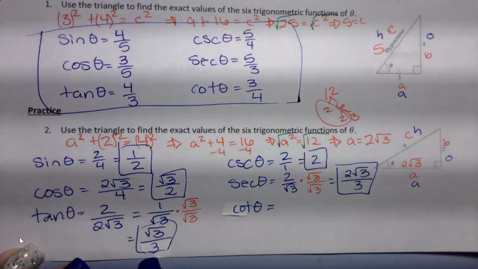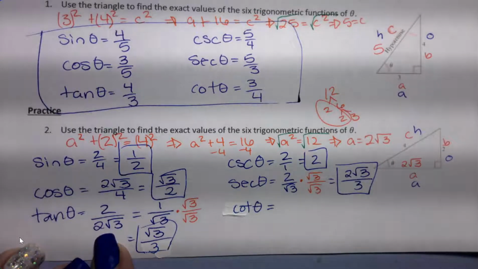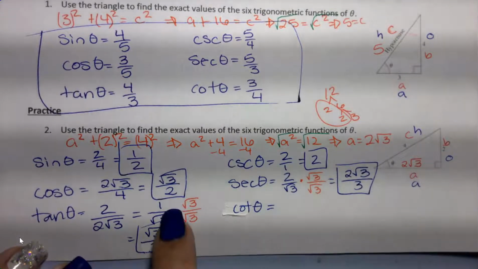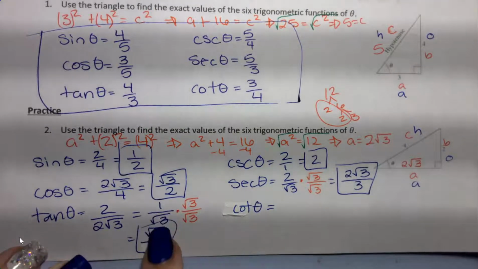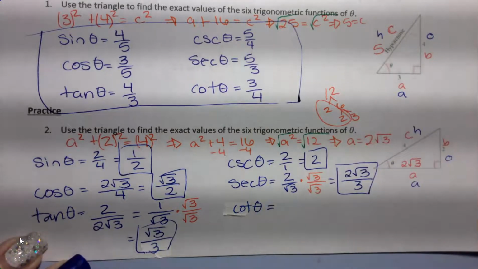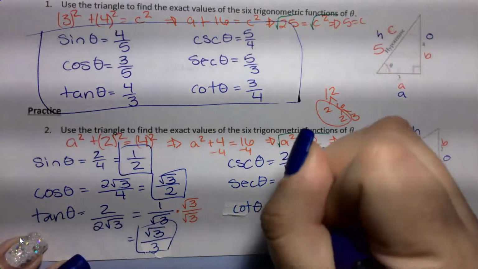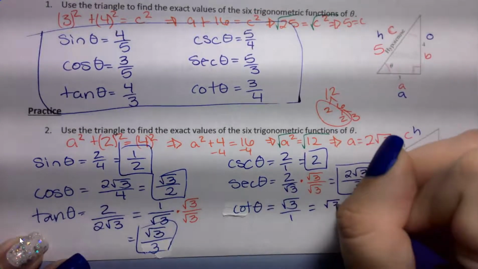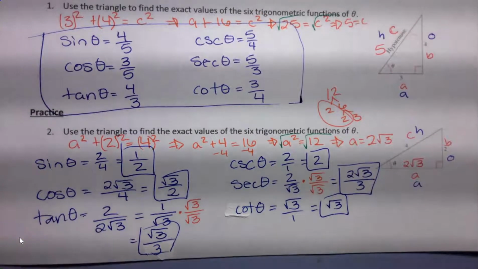So I don't want to use that one, and I'm not going to use this one because it hasn't been simplified, so I just don't want to make more work for myself. So I'm actually going to pick this middle step right here, the 1 over the square root of 3, to use the reciprocal, because then that's going to give me the square root of 3 over 1, which will just nicely simplify to the square root of 3.